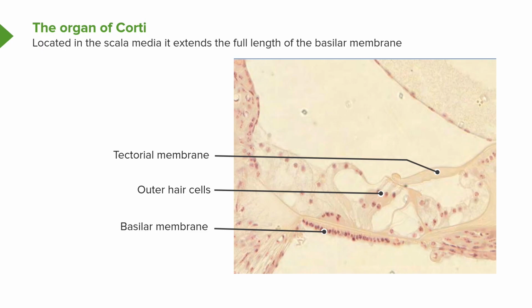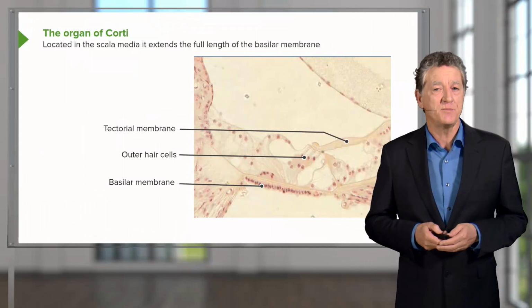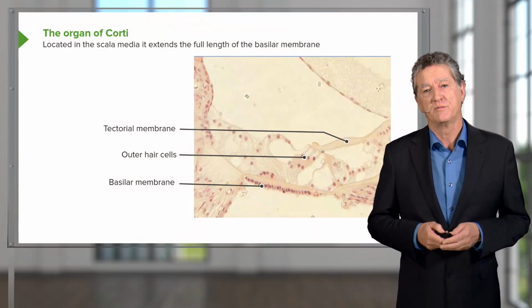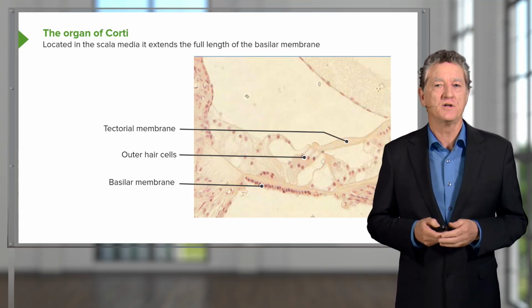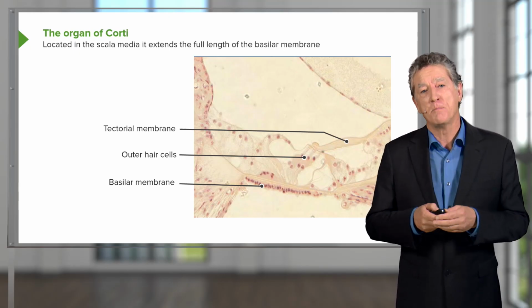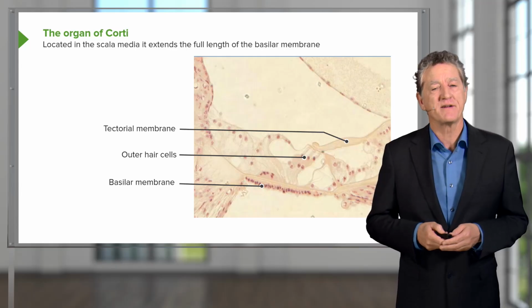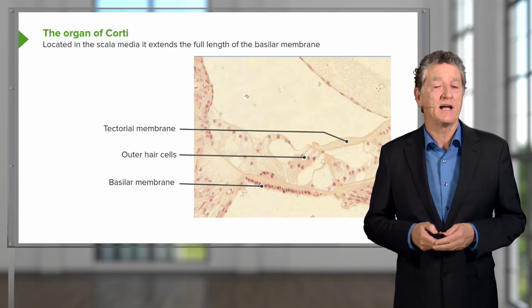And again, as I mentioned before, when that basilar membrane vibrates due to waves of fluid, the perilymph moving along through the scala vestibuli and the scala tympani, created by the oval window being stimulated by the ossicles, this wave of fluid or wave of vibration makes that basilar membrane vibrate also. And as I explained, that vibration then creates a force between the tectorial membrane and the hair cells.